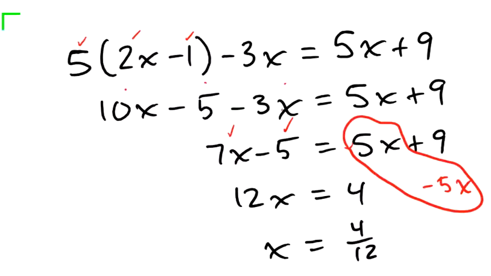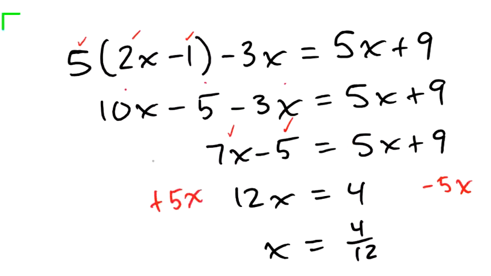They would be nothing. And then I went ahead and I added 5x to this side. Well, this is bad because it's created a disequality, right? If you add something to one side and subtract the same thing from the other, they're no longer equal to each other. So probably what I should have done instead was subtract 5x from both sides.